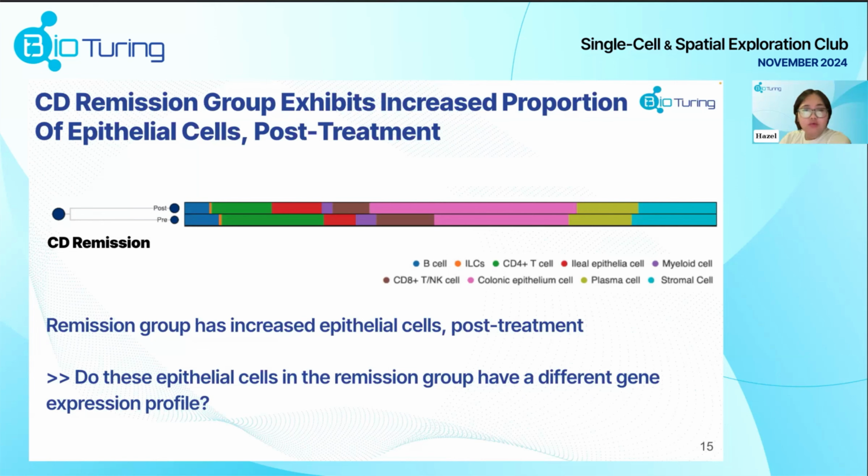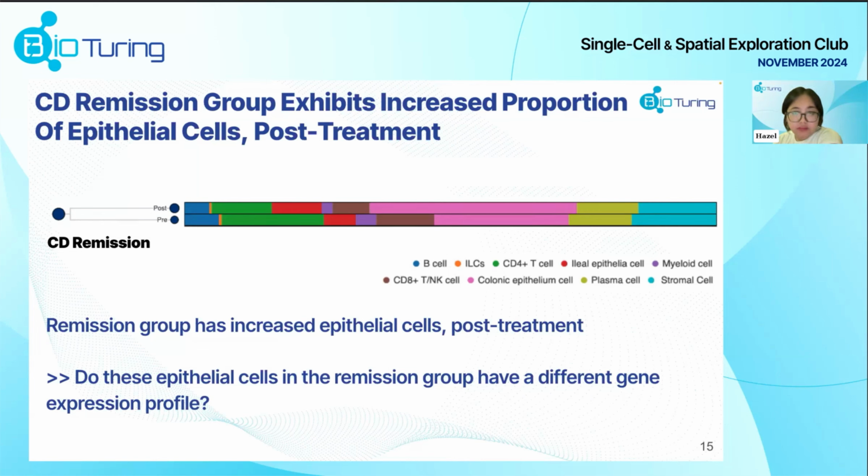Okay. Now we're talking about treatment. This is anti-TNF treatment, correct? Yes, that's right. Okay, so this composition chart I can see is very similar to what we saw in the beginning of this session, like this is post-treatment and pre-treatment.